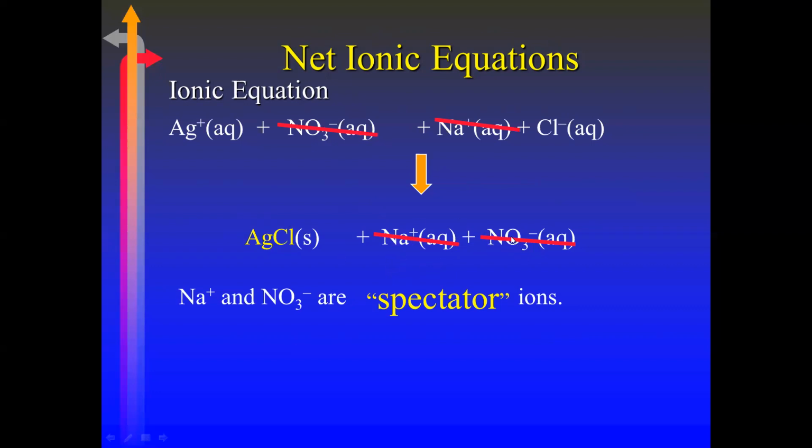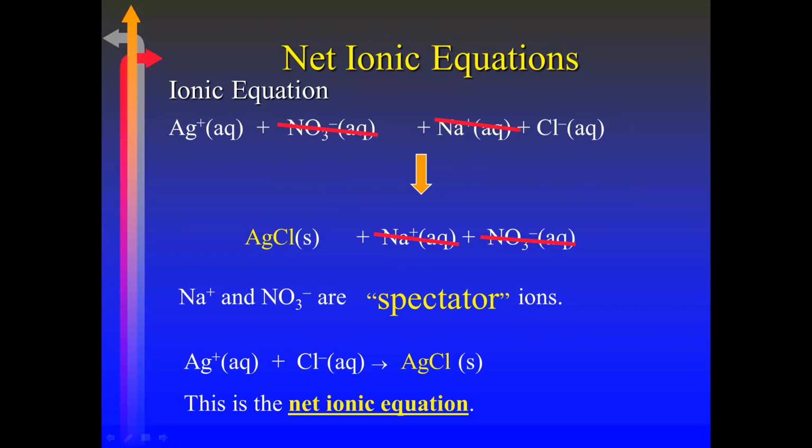They did not change, they did not do anything. This is why we call them spectator ions. They are just watching, doing nothing, contributing nothing. The leftover is the net ionic equation, because that really tells you what the real reaction is, since the spectators don't contribute anything.